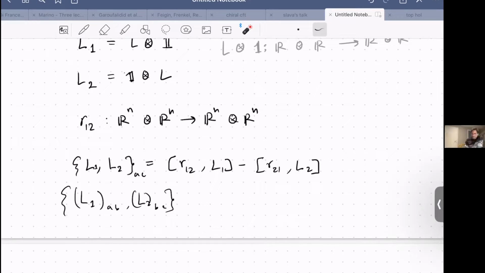You mean like a permutation? R21 is a map from Rn times Rn to Rn times Rn, right? Yes. I put 1 and 2 just as a reminder that this is a matrix that acts on the product of two Rn's.